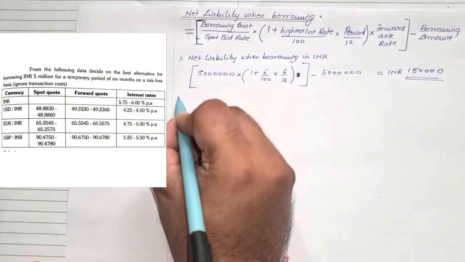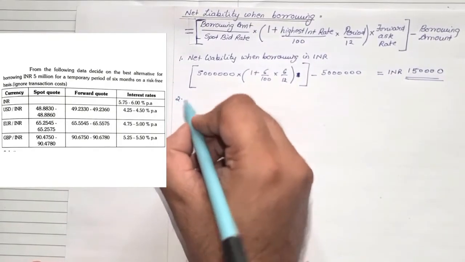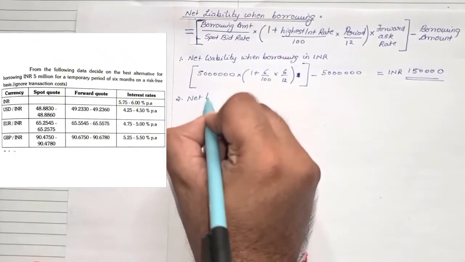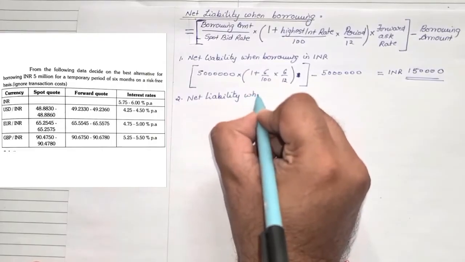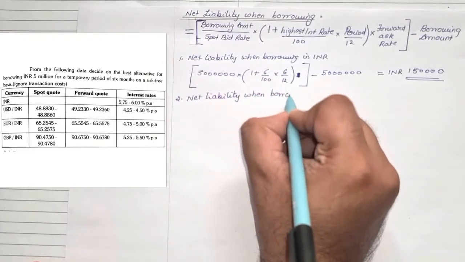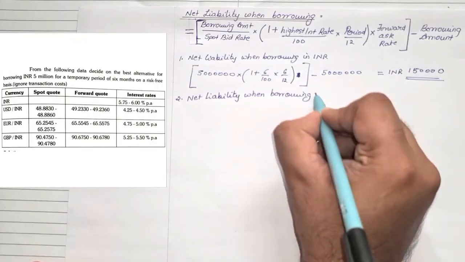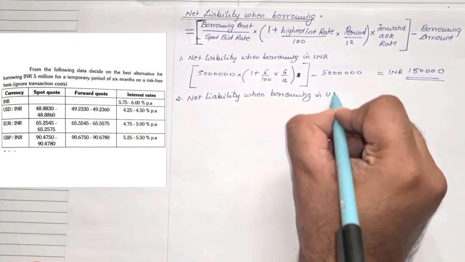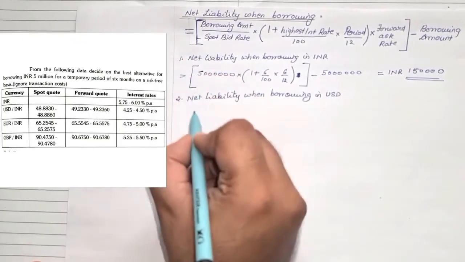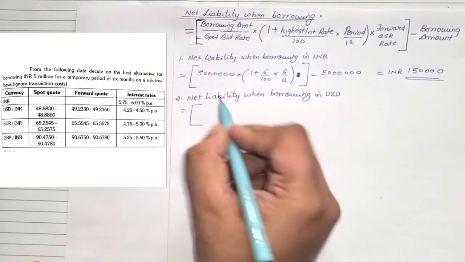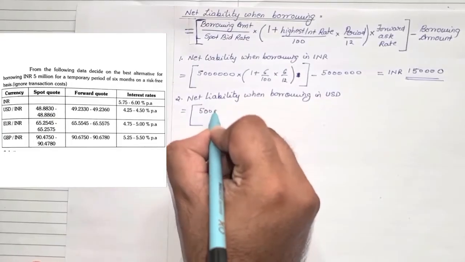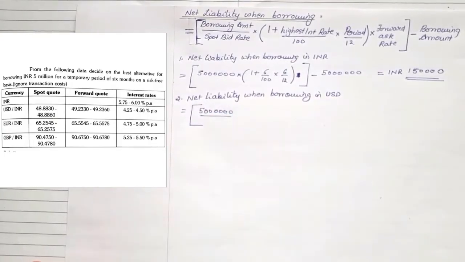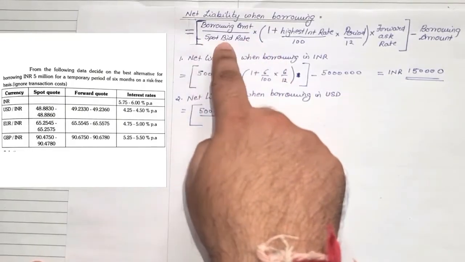Now second, they are giving you USD, so I'll write here net liability when borrowing in USD. Again, our formula remains the same. The borrowing amount is 50 lakhs upon, now this is very important, we have to take the spot bid rate.